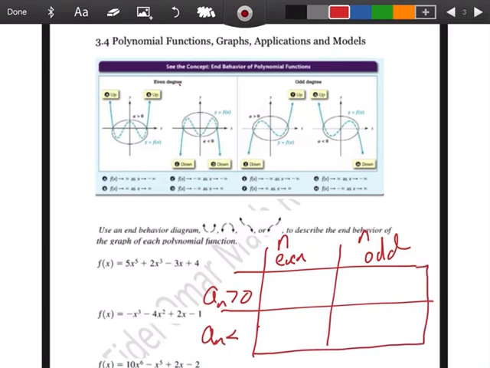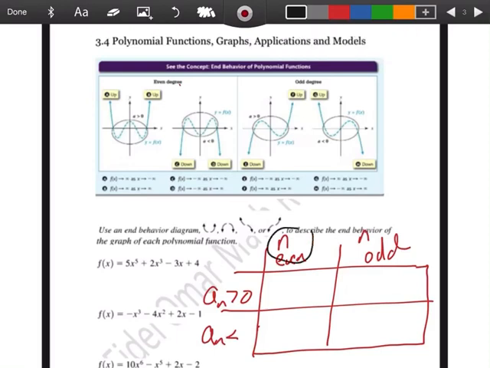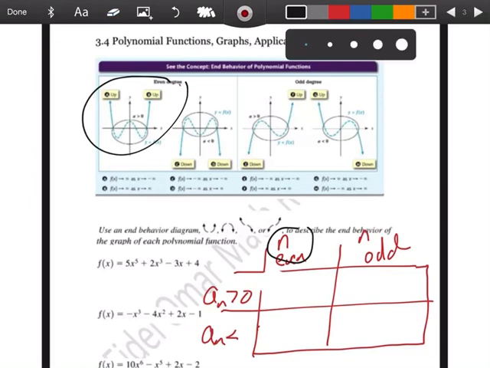So here we go. If my degree is even and my coefficient is positive, then my graph is going to do something like this and something like that.